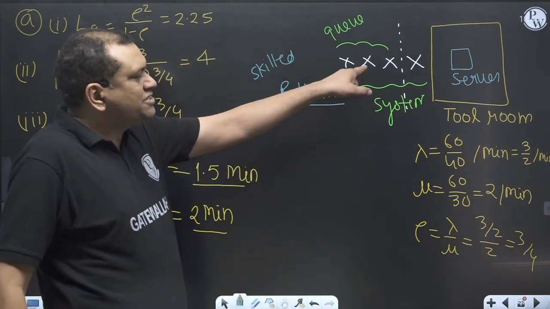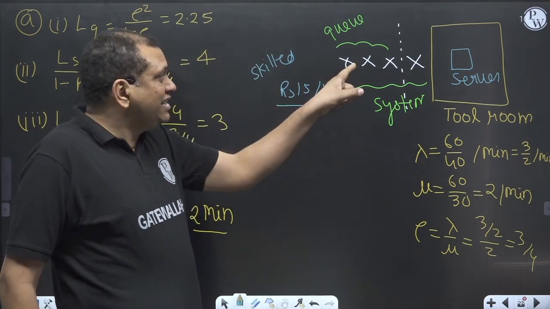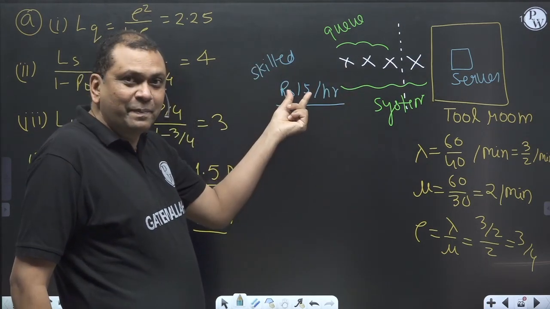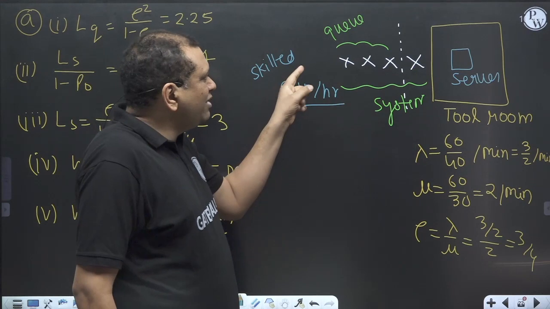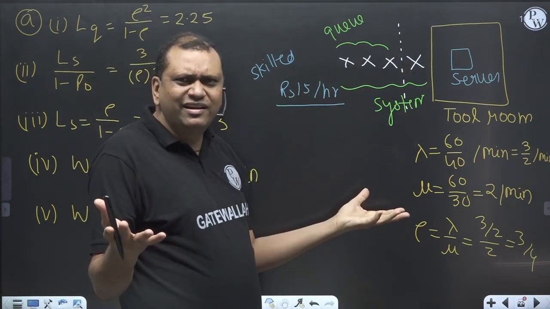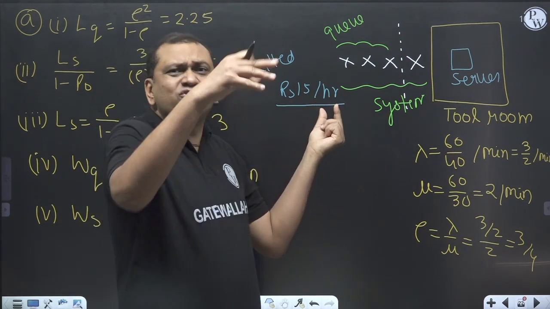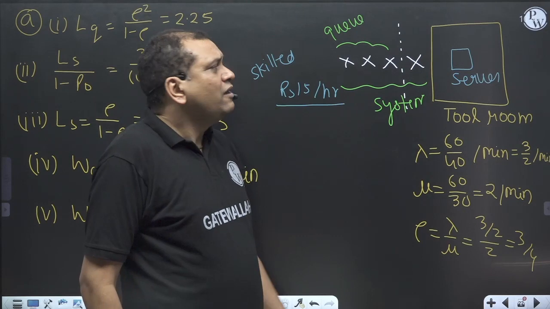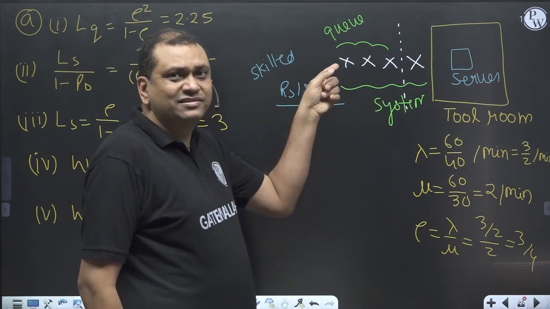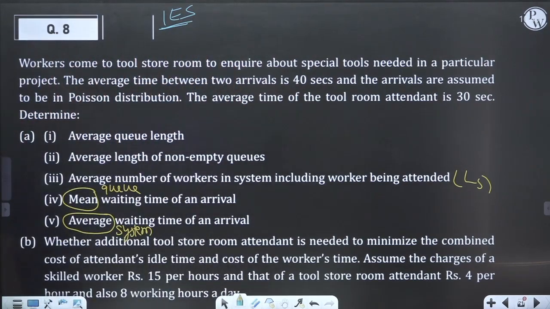Those workers in the queue are skilled workers. The moment a worker joins the queue and comes out completely, he is idle, and rupees 15 per hour is going from my pocket. All these people are skilled workers, and the charges are rupees 15 per hour.